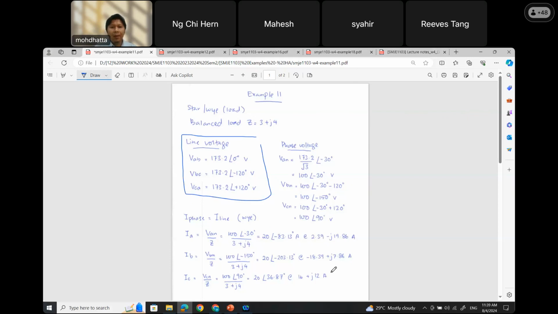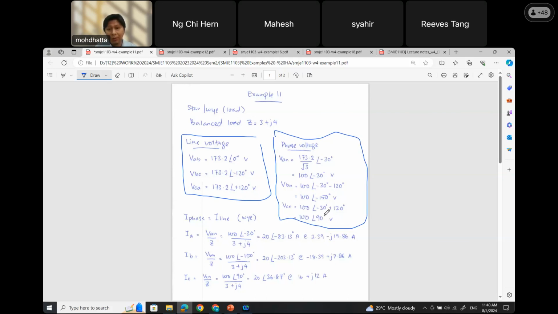Okay. And the next thing I would do from this line voltage, I straight away get my phase voltages. So why do you think I put the phase voltage? Because if you remember in our last class, I reminded you that our calculation should start from phase, no matter is delta or star connected loads.